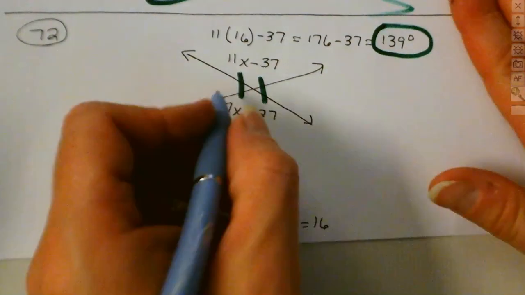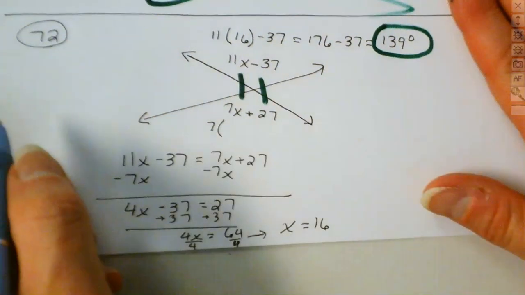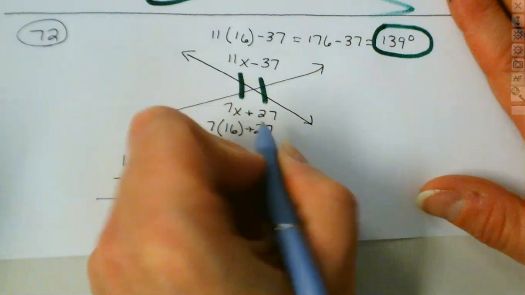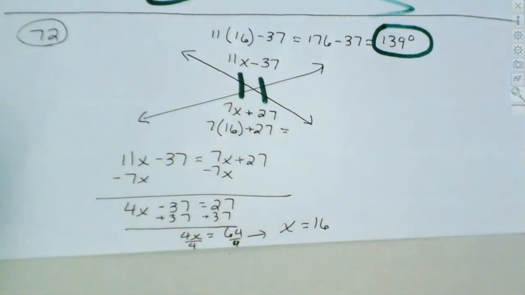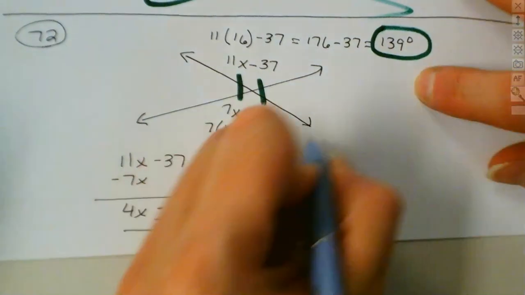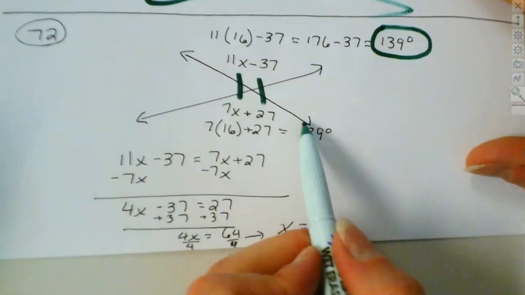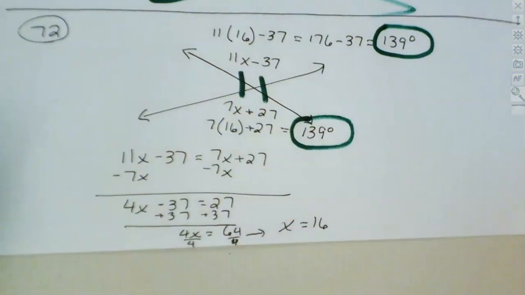Let's check and make sure. 7 times your 16 plus 27. When I put those together, that also gives me 139 degrees. And we know we did it correctly because these should be what? These should be equal. And they are.